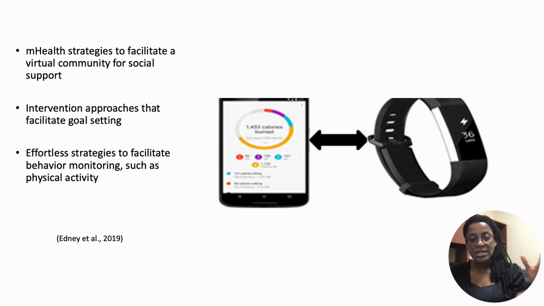What's depicted on the screen is a cell phone, and the app is downloaded onto the cell phone, like a Fitbit app, for example. As you know, a Fitbit device allows passive data collection of your heart rate and your movement. Passive data collection means that you don't have to enter the data. The data is just being collected as you wear this device, through various sensors that allow the monitoring of your heart rate, your movement, even your breathing as it relates to stress.